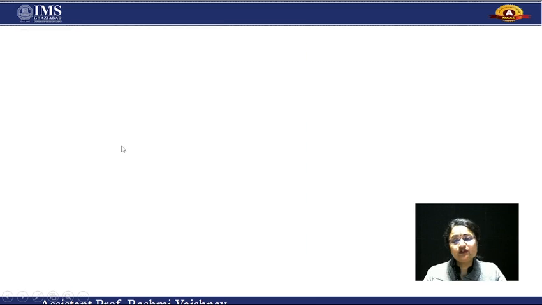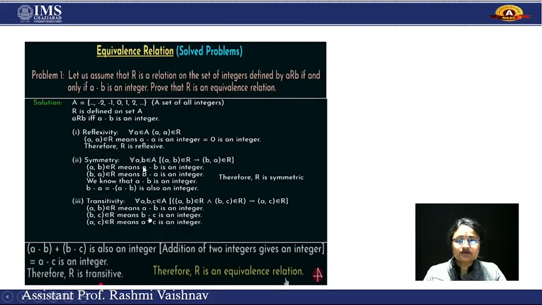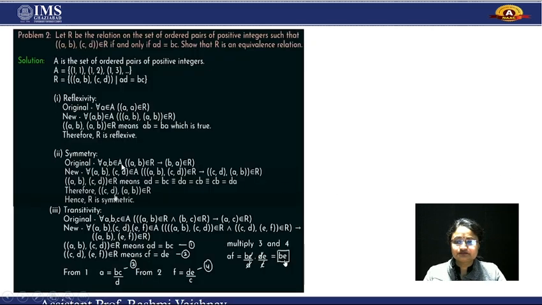After that, when we go for the symmetric, we can conclude for all values of A and B, like B and A, we just change the domain into the range and the range into the domain.